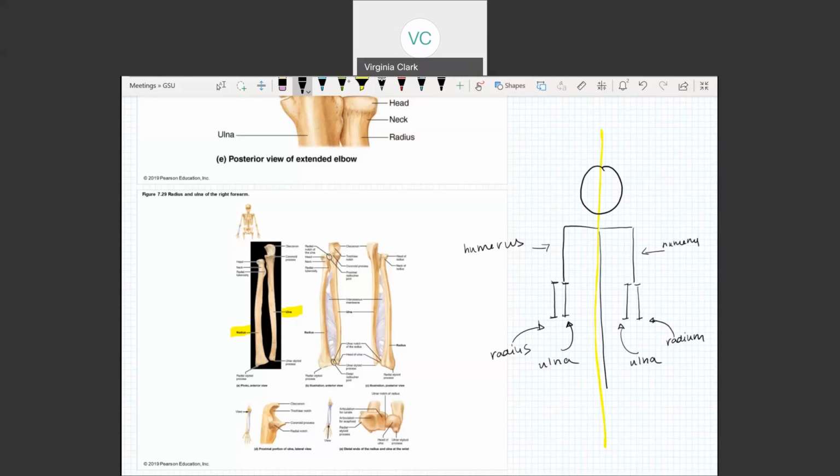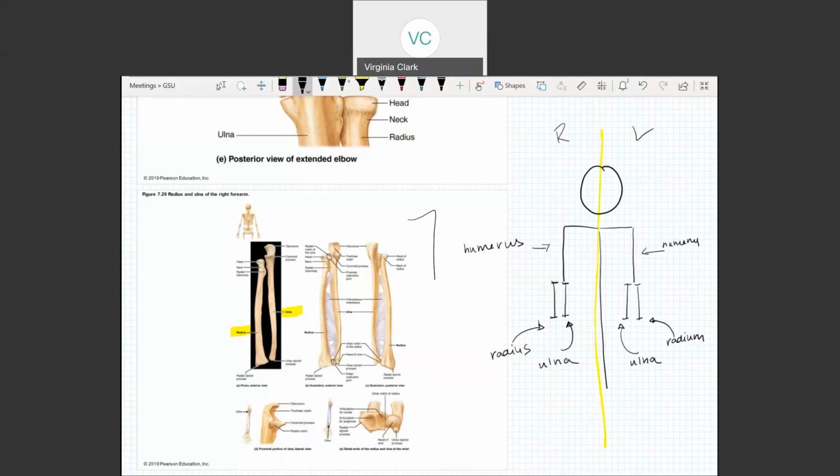So it is not right or left, because on this side, remember, is the right side of the body, and this is the left. It's not always going to be radius and then ulna. It's more out to in, where your radius is going to be your exterior or lateral, and your ulna is going to be your interior. So you can see how those fit here.